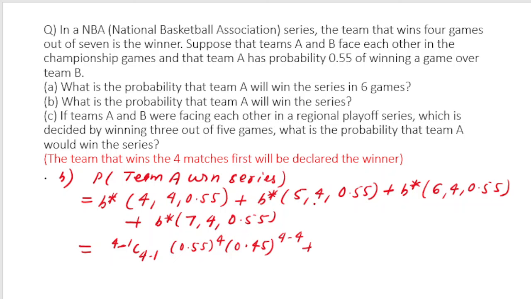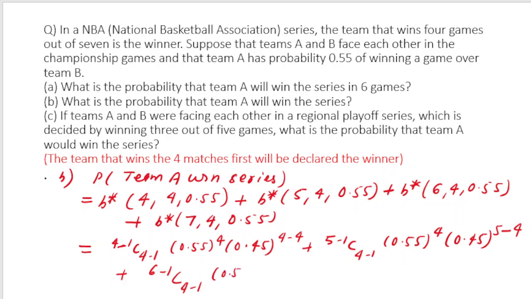Plus it is (5 minus 1) C (4 minus 1), probability of success 0.55 to the power 4, and 0.45 for 1 failure, so 5 minus 4. Yes or no? Now this one, so there are total (6 minus 1) C (4 minus 1), probability of success 0.55, 4 successes, how many failures? 0.45 to the power 6 minus 4, that is equal to 2.